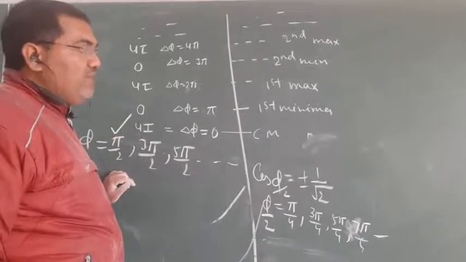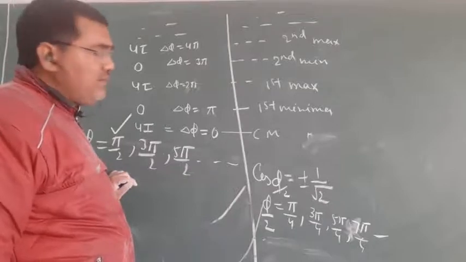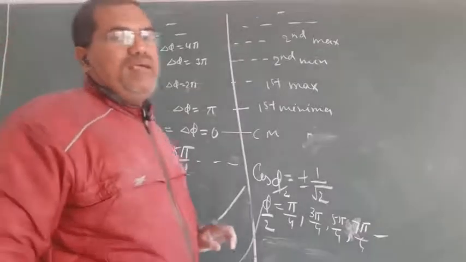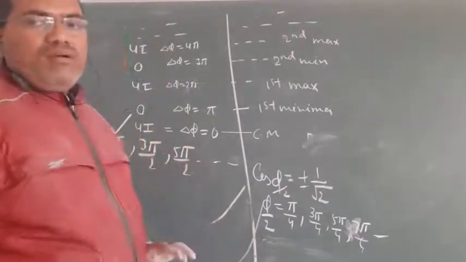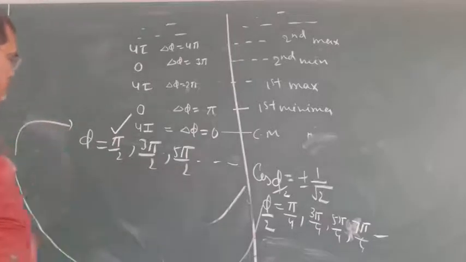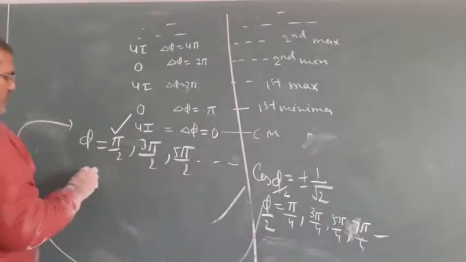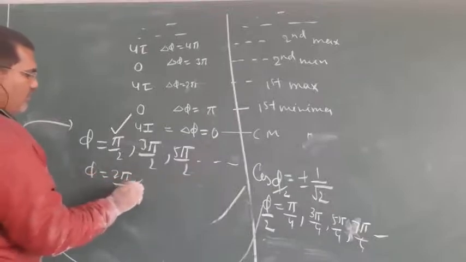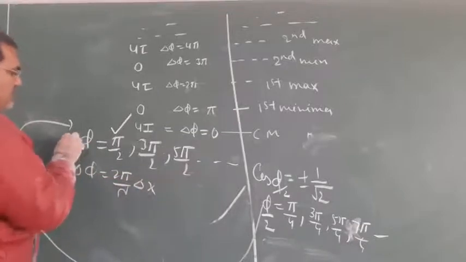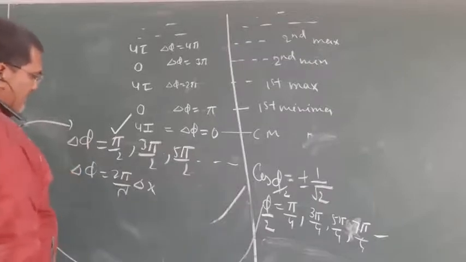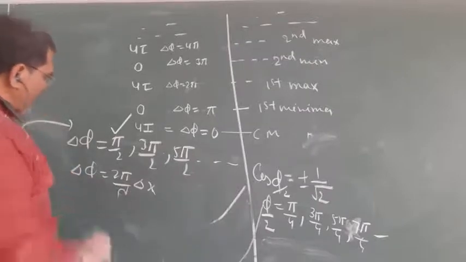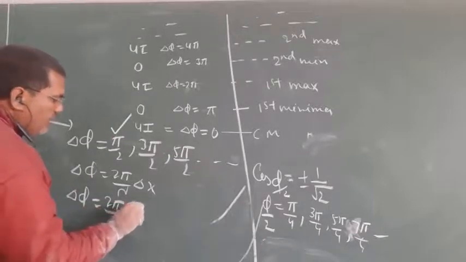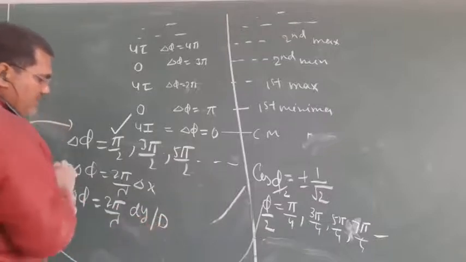But we have to find y for that intensity: at which position from the central maxima the intensity becomes 50% of maximum intensity. We know that phase difference equal to 2 pi by lambda into path difference. Say this was delta phi, and delta x equal to dy by D. We have already seen.